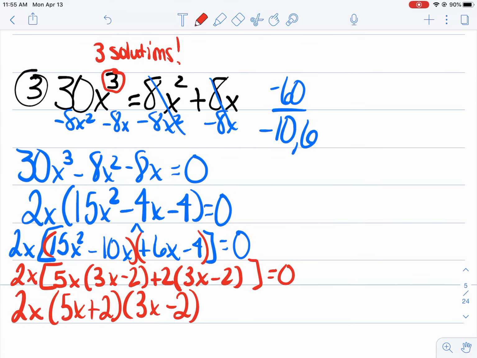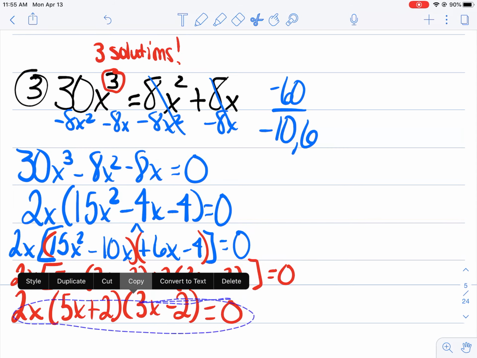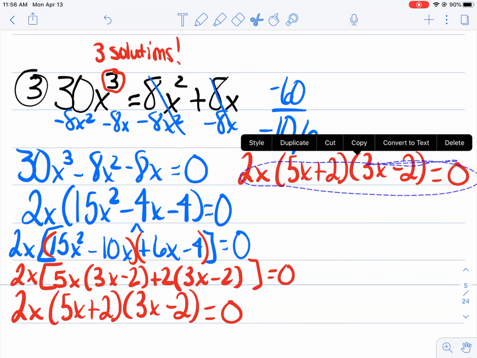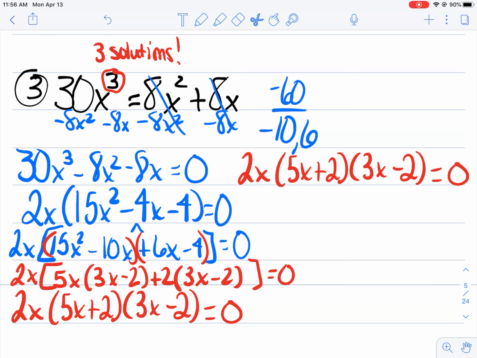All right, so I'm going to switch colors again. I'm actually going to set this equal to 0 here, and I'm going to copy this line. Cut this line and copy it. We're going to move it up to the top row over here. So then I'm going to take each one of these factors, okay, and set it equal to 0.